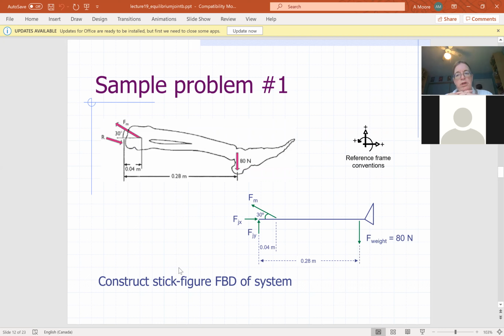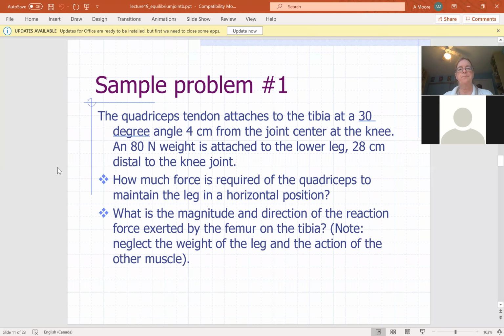So you have three equations of equilibrium, right? You've got that. So the first thing to recognize, in a sample problem like this, which is from the textbook, is how much force is required of the quadriceps, so you're actually trying to find muscle force.